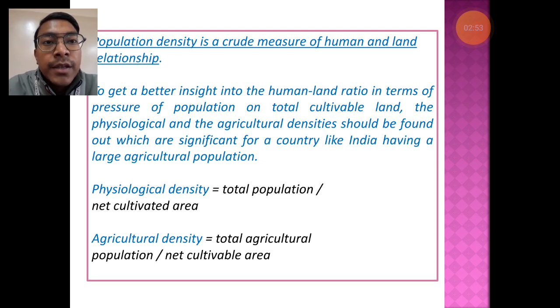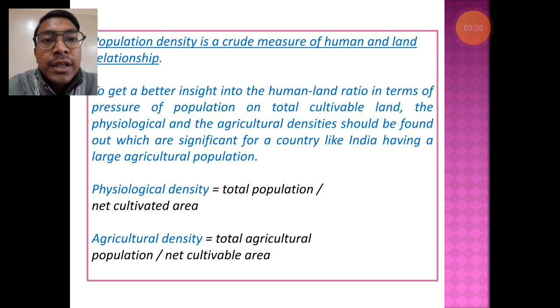To get a better insight into the human-land ratio in terms of pressure of population on total cultivable land, the physiological and the agricultural densities should be found out, which are significant for a country like India having a large agricultural population. As we studied, density of population is actually the ratio between the man and the land.